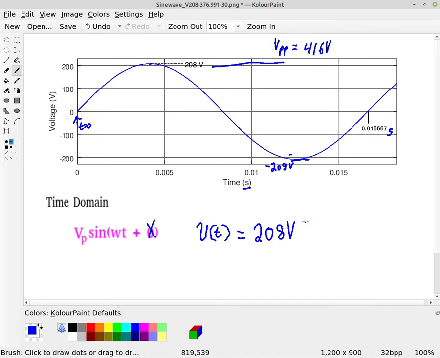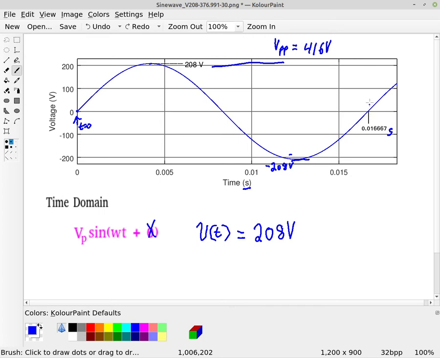All right, and then we can determine the frequency. Now the frequency f is given by the amount of time it takes to complete one cycle. So again, we see that it's crossing 0 at time t equals 0. It's going up, it's coming down, it's going negative, and so now at this point it's starting to cross 0 and go positive again.